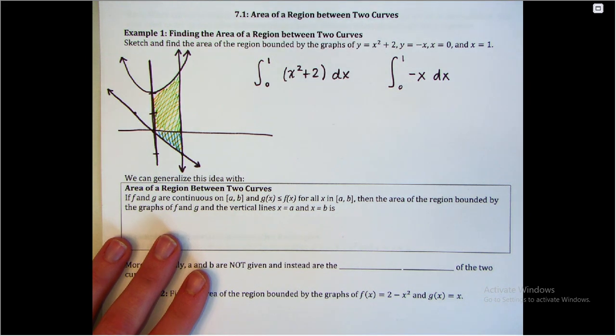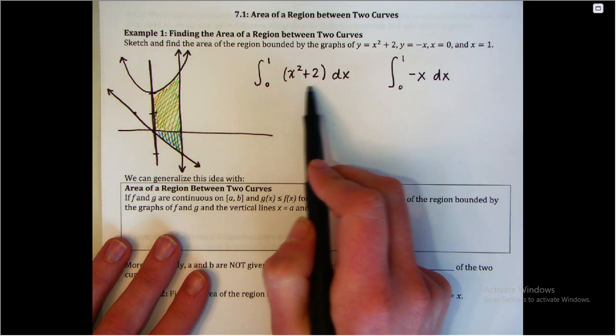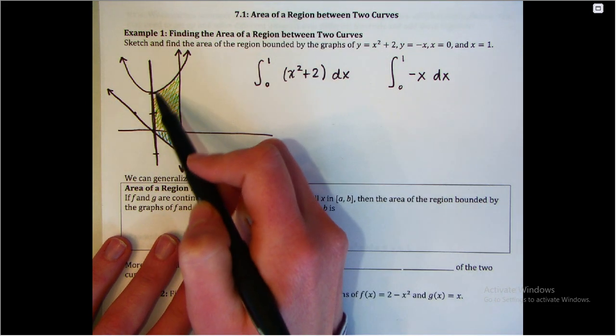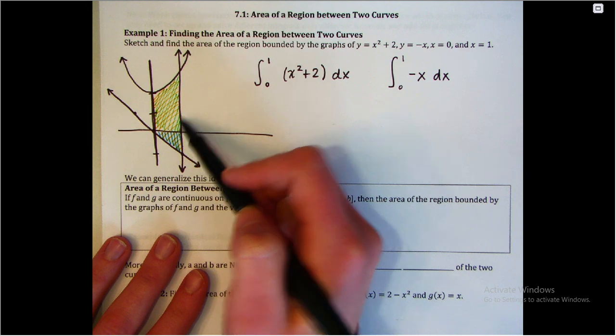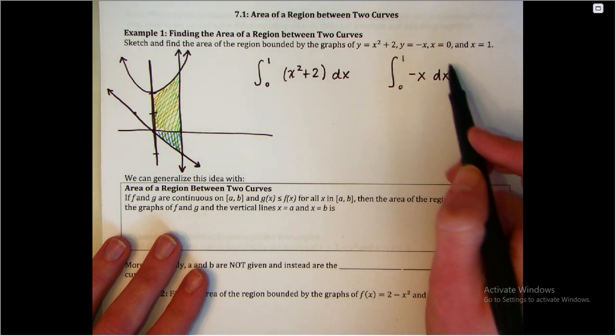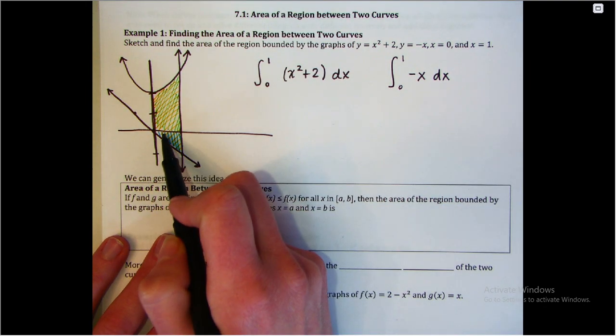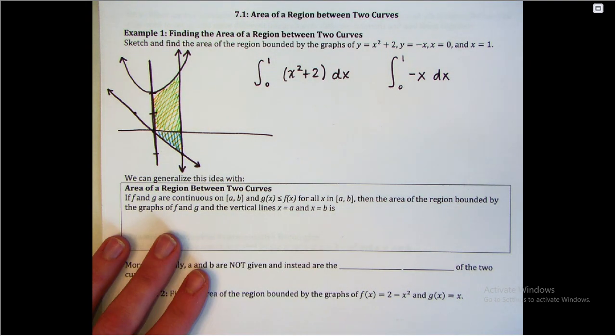The thing is, this part will calculate out a positive value because that area lies above the x-axis. And this portion here would generate a negative value because, as we've discussed, when your area is below the x-axis, you compute a negative area.